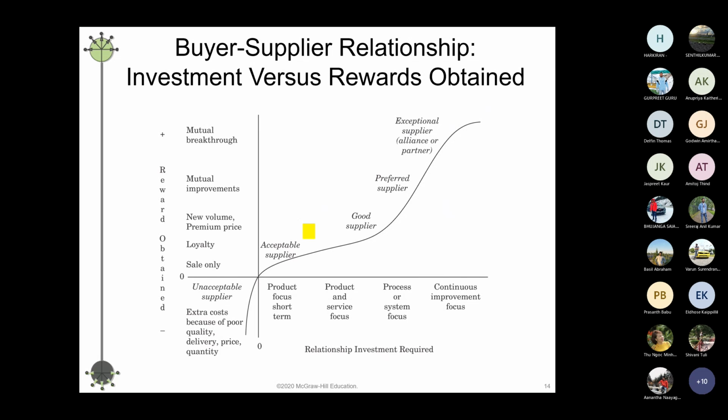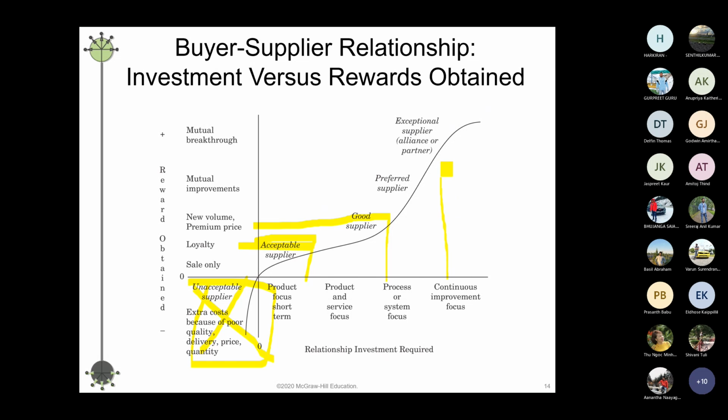Okay, this is a kind of spectrum showing the relationship between buyers and suppliers. So definitely this is the most negative one. We don't want to reach here. None of them are happy with each other. Here you may just buy one time. Here you may continue buying, but only for one product.